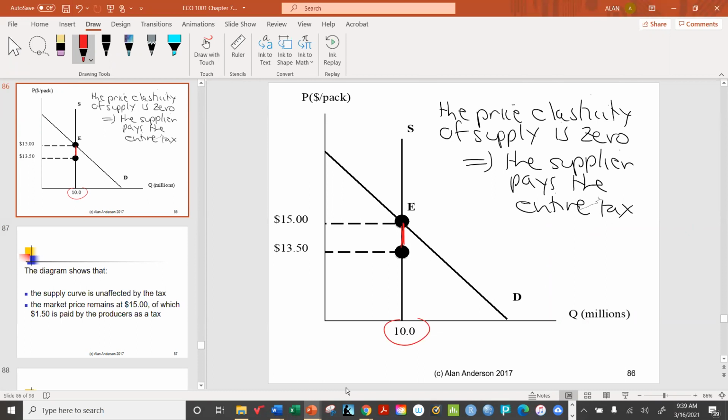So therefore, this tax is entirely paid by the seller. All right. So in other words, the net revenue is $13.50, which is a loss of $1.50.